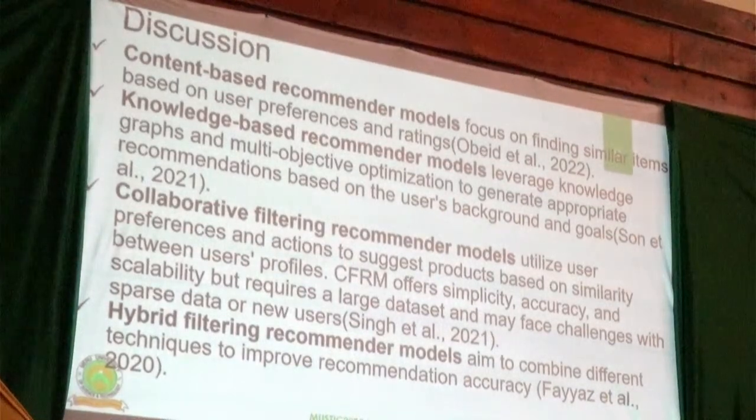So it's simple, accurate, and scalable, but requires a large data set, and also faces challenges of sparse data and the new user problem, because you require ratings for the particular user.